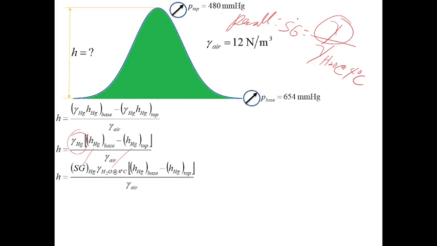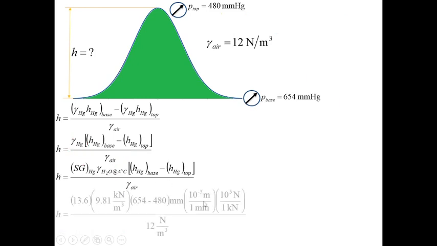So if we multiply the specific gravity and the unit weight of water at 4 degrees Celsius, we can obtain the unit weight of that substance. Since our substance is mercury, we just multiply the specific gravity of mercury and the unit weight of water at 4 degrees Celsius, so that we can obtain the unit weight of mercury. So unit weight of mercury now is specific gravity of mercury times unit weight of water at 4 degrees Celsius.